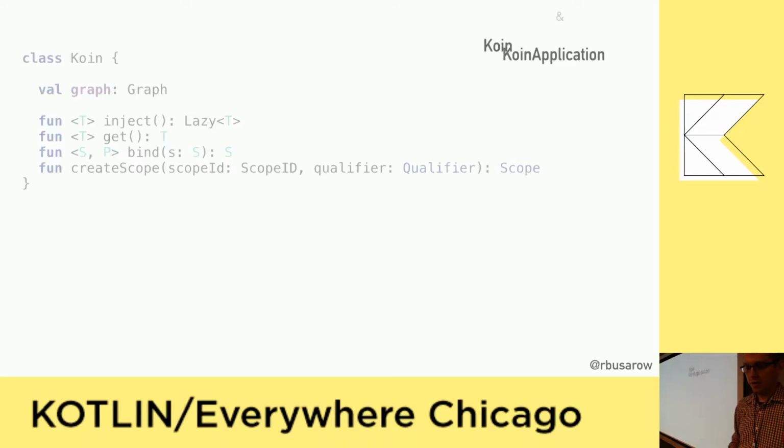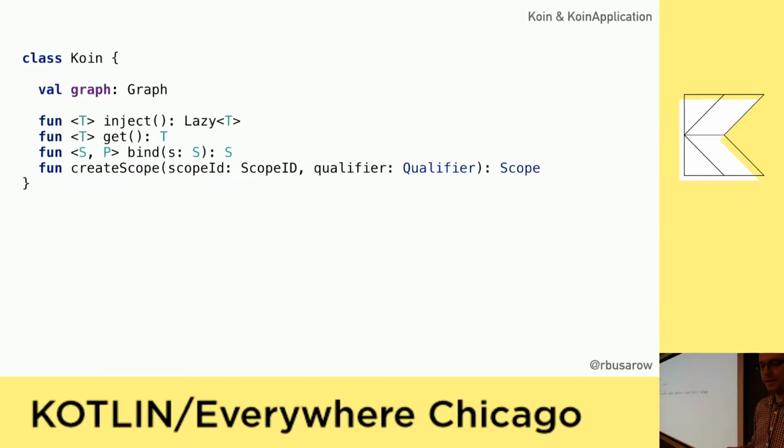But right now we're talking about a class called Koin. And Koin is essentially the service locator of the library. It has several graphs in which it saves cached scoped versions of objects. And it has bindings and functions for getting the dependencies and putting them in there and creating scopes.